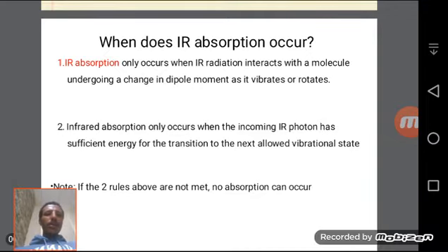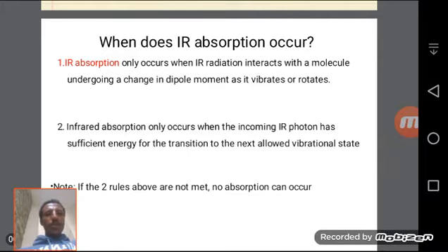When does IR absorption, or infrared absorption, occur? Firstly, IR absorption only occurs when IR radiation interacts with a molecule that undergoes a change in dipole moment as it vibrates or rotates.